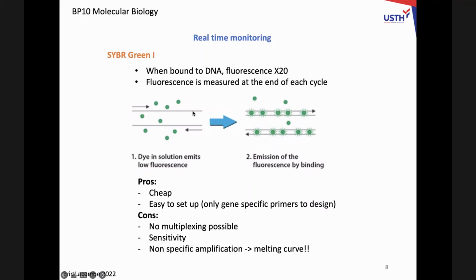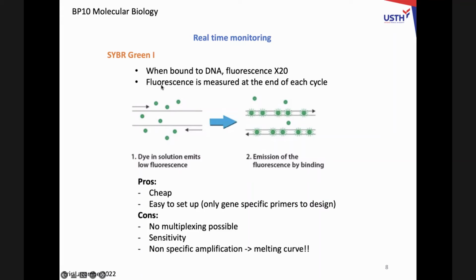The principle, I'll explain how it works: SYBR Green is an artificial chromophore that can give you fluorescence, but the fluorescence of that molecule is 20 times higher when it's bound to DNA. So we have low fluorescence with single-stranded DNA, and very strong fluorescence by binding to double-stranded DNA.